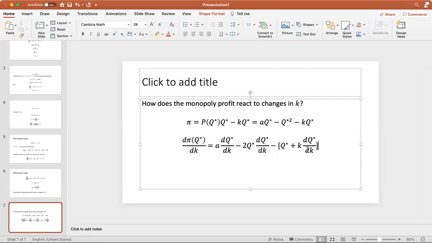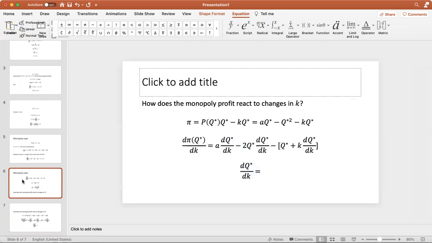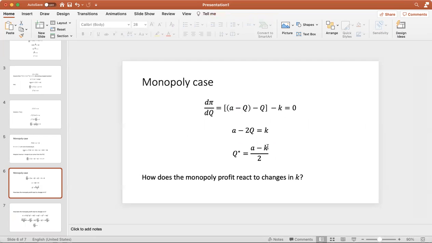Now we'll just have to plug in dQ star over dk. The derivative of Q star with respect to k is equal to, well, look at this expression. This is practically A over 2 minus K over 2.